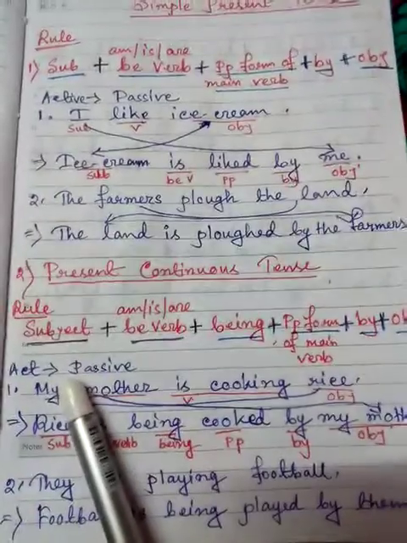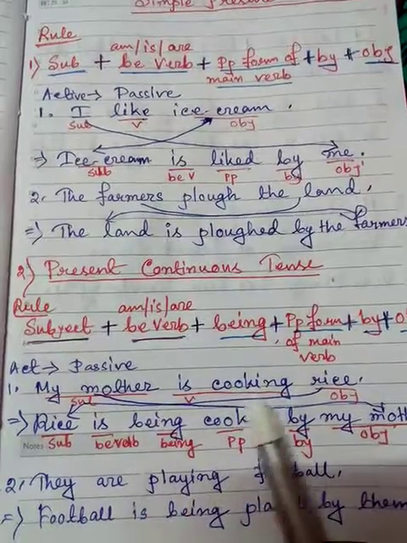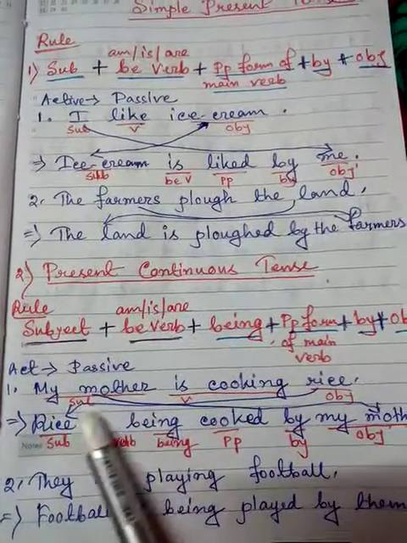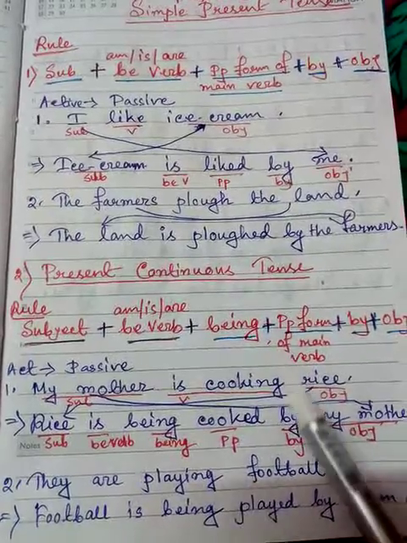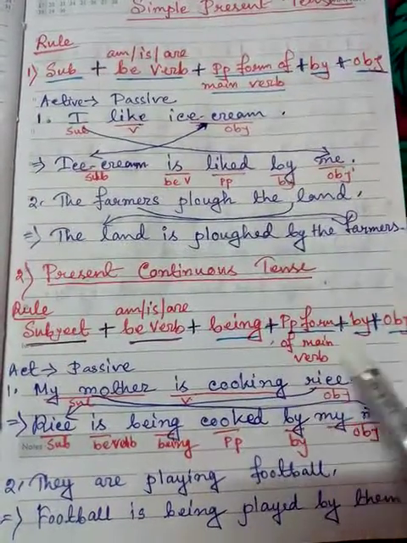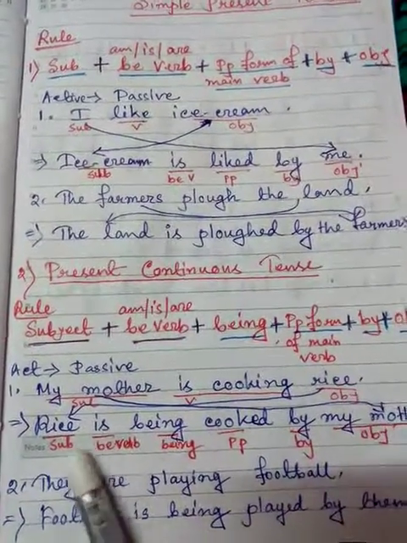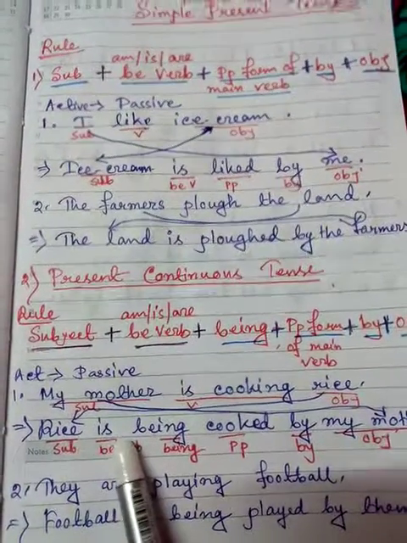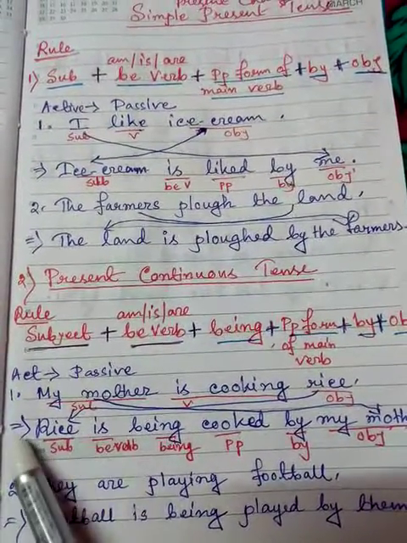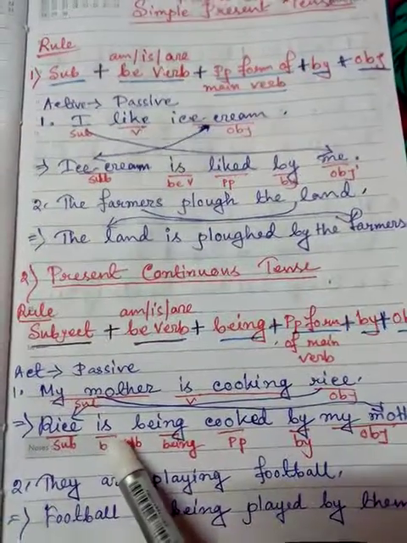So, my mother is cooking rice. In this sentence, my mother is subject, is cooking is verb, but it is in continuous form, and rice is object. So your answer will be rice. Rice is. As rice is singular number, we have to write here is.